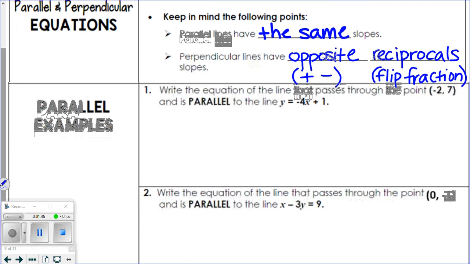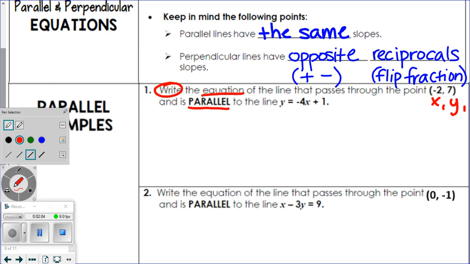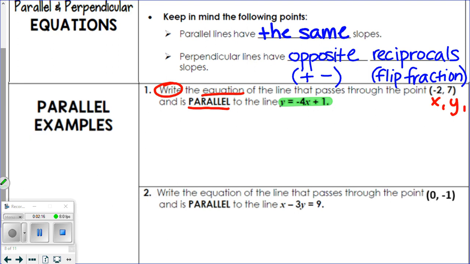So question 1 says to write the equation of the line that passes through this x1, y1 point. That's a -2, 7, and it is parallel to y equals -4x plus 1. Now the only reason I need this equation, y equals -4x plus 1, is to determine what my slope is.